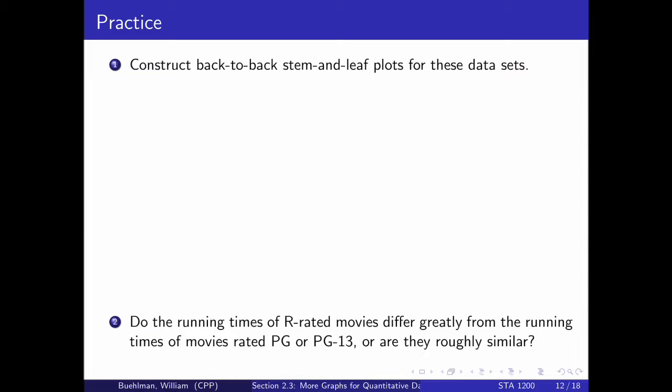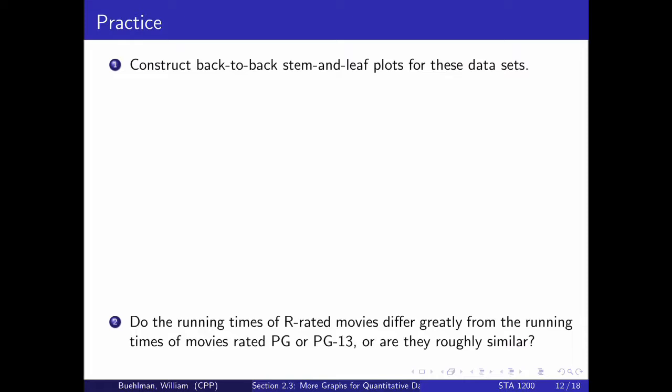You're going to construct a back-to-back stem and leaf plot for these data sets. And then you're going to interpret and see, do the run times of the R-rated movies differ greatly from the runtime of the PG or PG-13 movies, or are they roughly similar? So go ahead and pause the video right here, work through this example, and then resume the video.